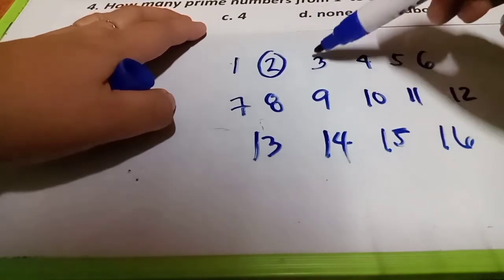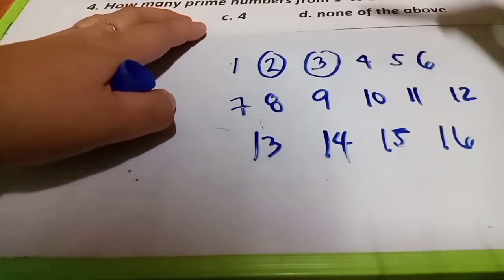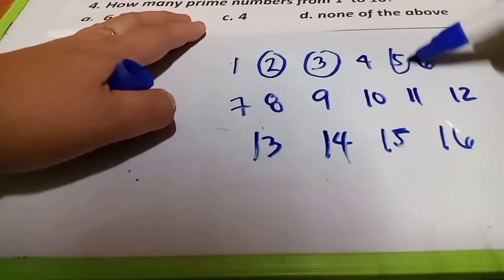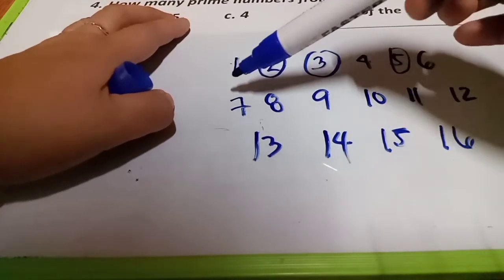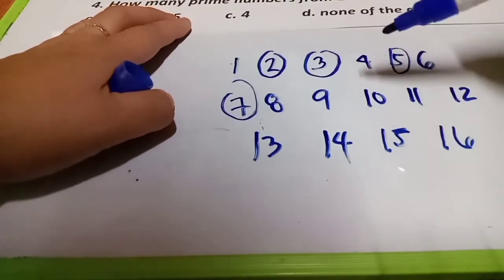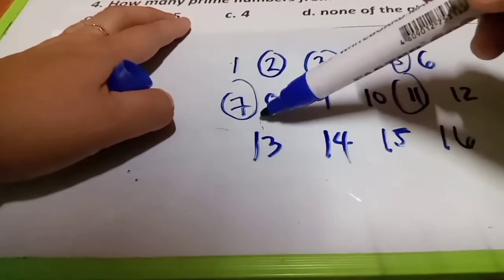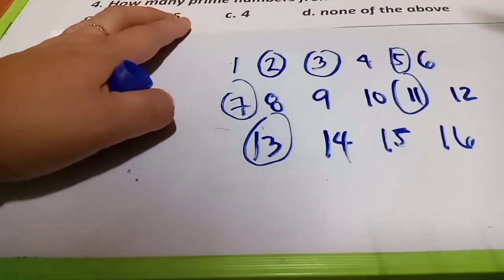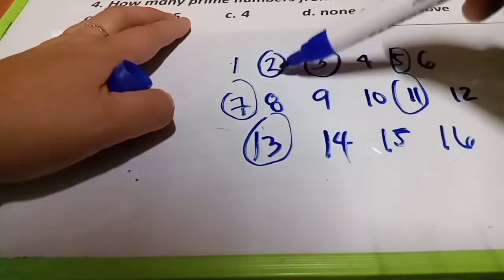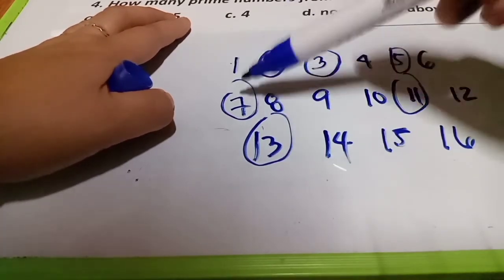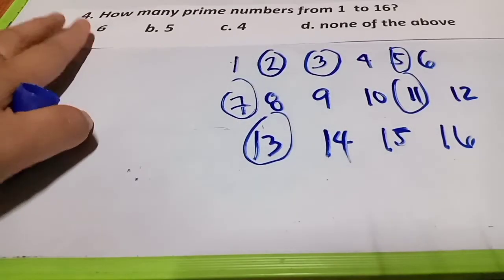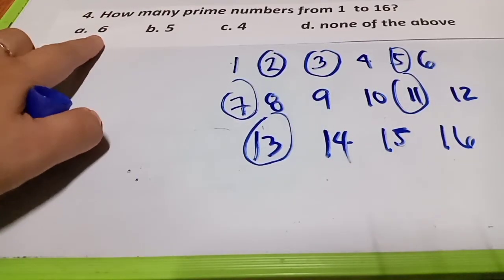We have 2, 3, 5, 7, 11, and 13. So 1, 2, 3, 4, 5, 6. The answer is letter A.